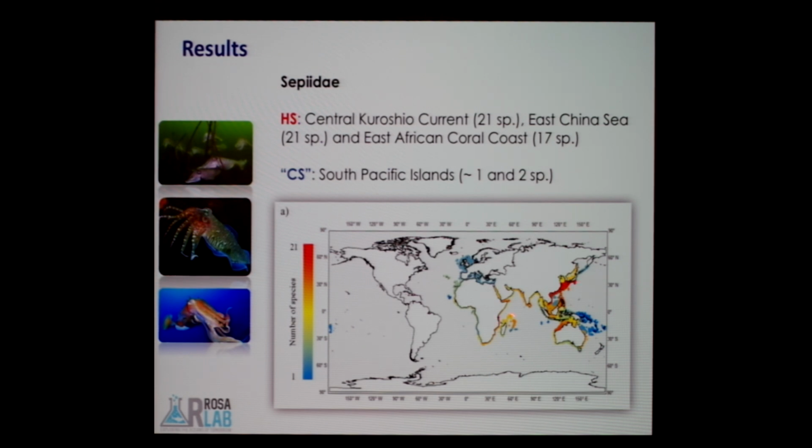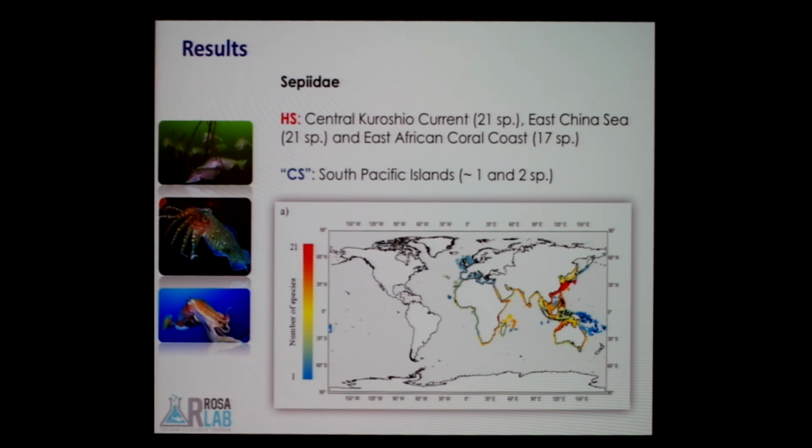So this is the East African coral coast. Cold spots: of course, there are many places where we don't have cuttlefish. We are going to call cold spots the areas with low diversity. And we saw that in the South Pacific Islands, usually we only have 1 or 2 species.